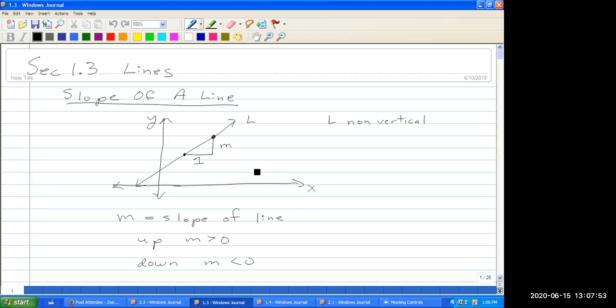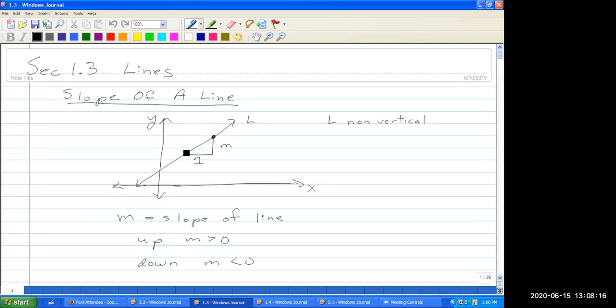Let me assume that once I set this coordinate system, this line is not vertical in this coordinate system, meaning that the line L is not parallel nor coincident with the y-axis. Then we have the following property.